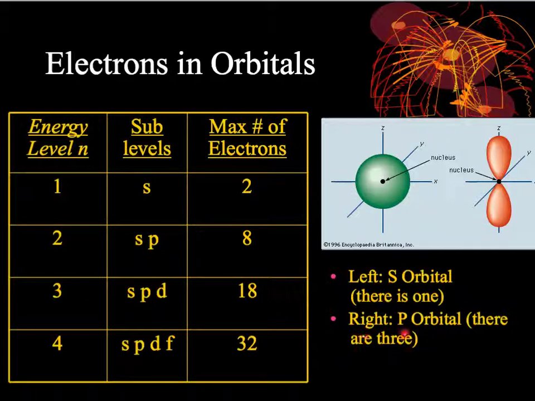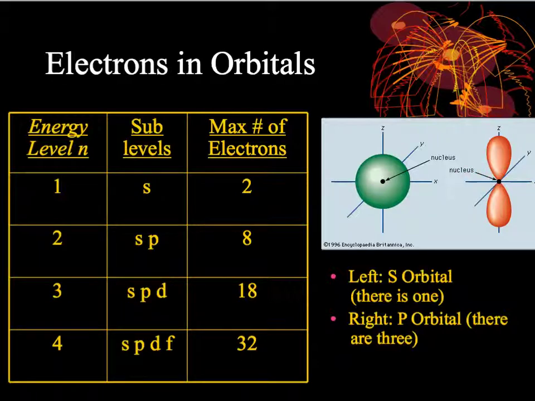Then if you look down here at the right side where it's a p orbital, this is only one p orbital, but there are 3 possible p orbitals. And see how they kind of look like petals? There's another p orbital on the y-axis, and there's a p orbital on the x-axis.